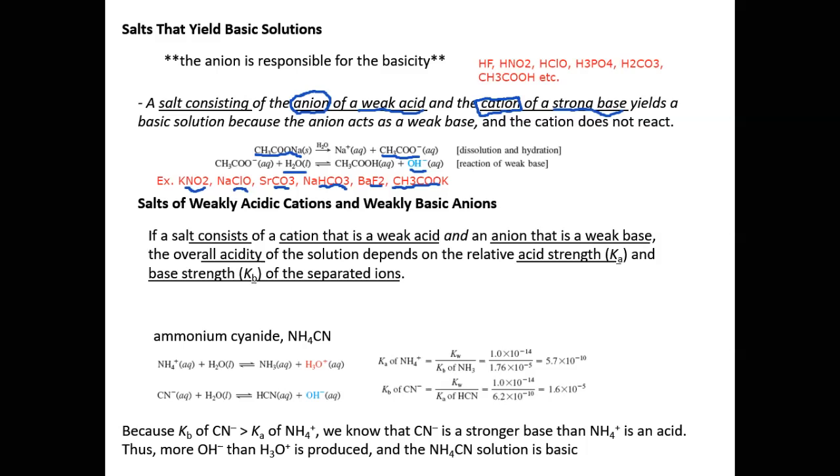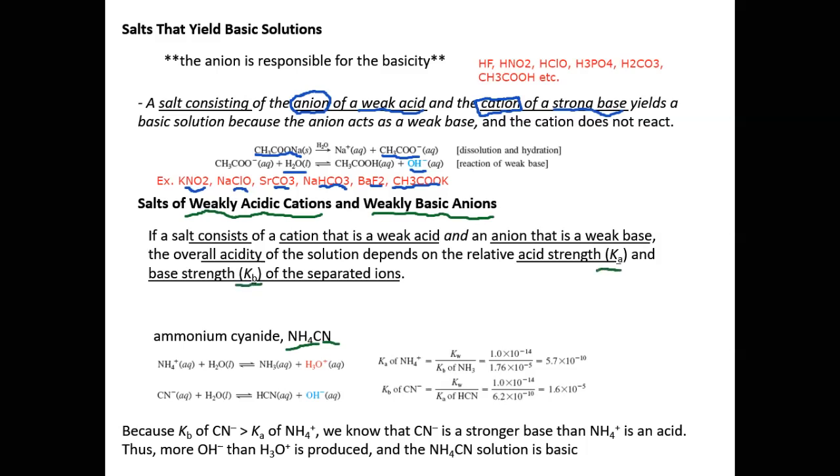Now the obvious question here is what happens when you have a weakly acidic cation and a weakly basic anion. So if you have a salt like ammonium cyanide, ammonium is acidic, cyanide is basic. So then you have to look at the relative strength of the Ka of the acid and the Kb of the base.